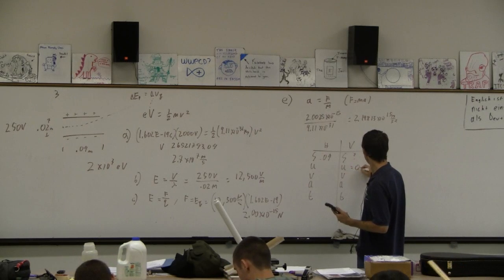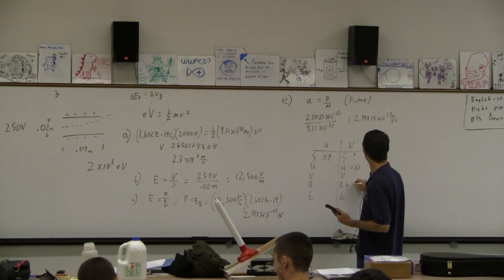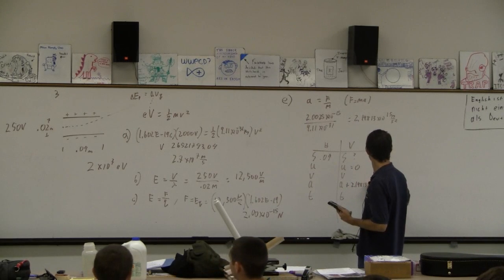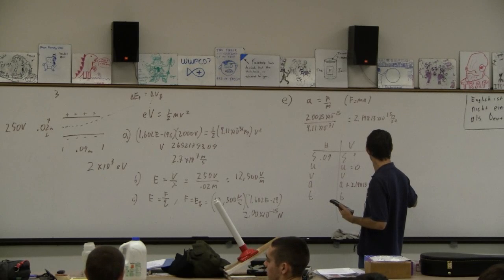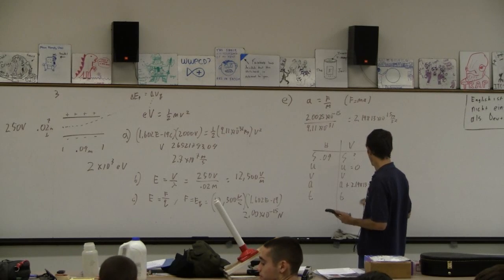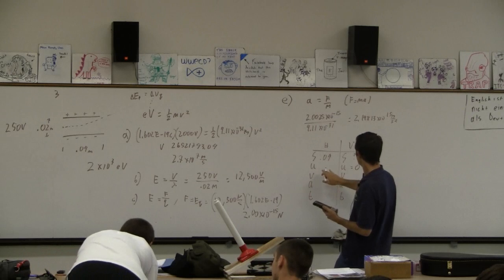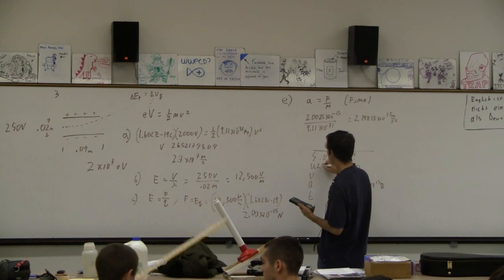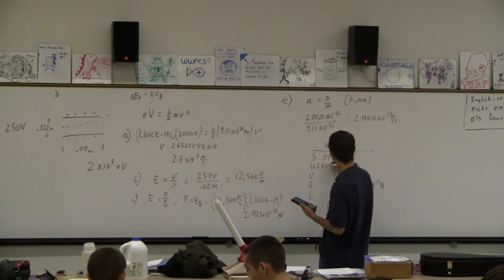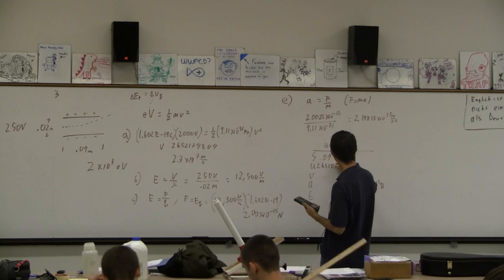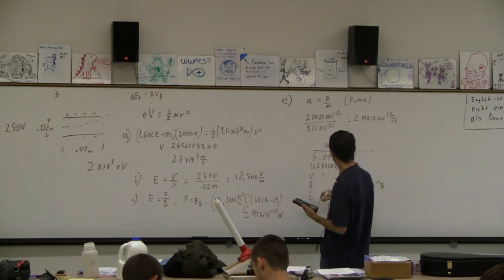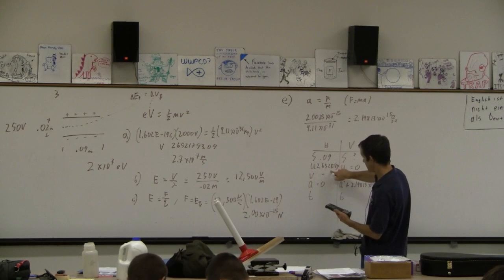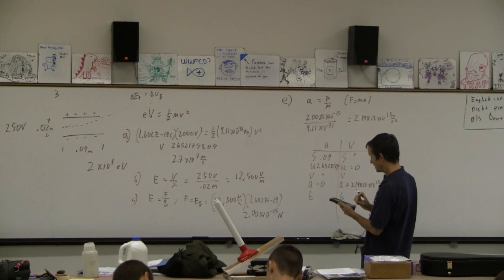Initially, the vertical velocity is 0, and the acceleration upward is 2.19813 times 10 to the 15th, stored in A. Horizontally, the velocity is 2.652 E7 meters per second. So the time is going to be this divided by this.